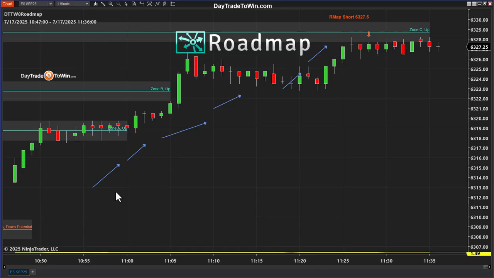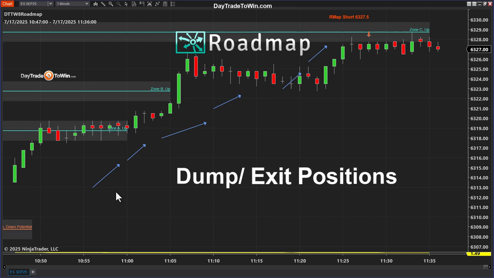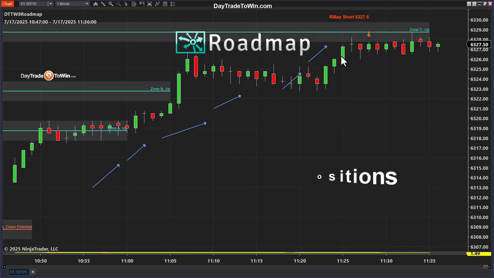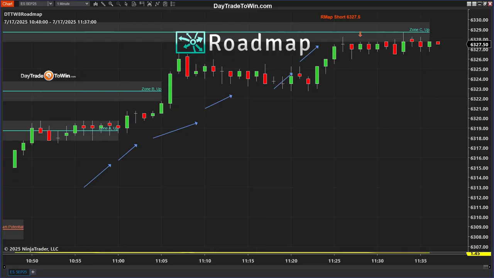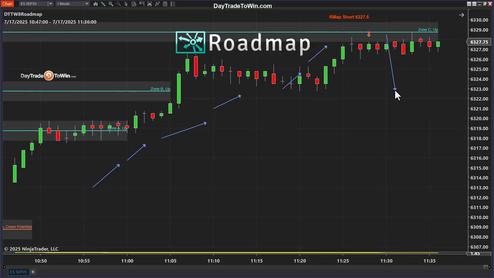And when it's time to take profit, they dump it. And so what you're seeing here is when it reaches these zones, we know in advance that we, first of all, need to be very careful and not take a long position if we're going up. And we may see an opportunity to sell as the market turns around and goes down. So think of it as an accumulation and then a distribution.